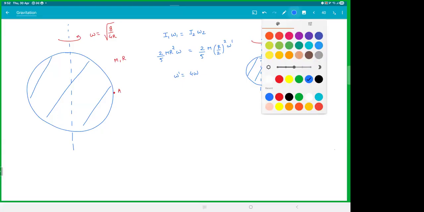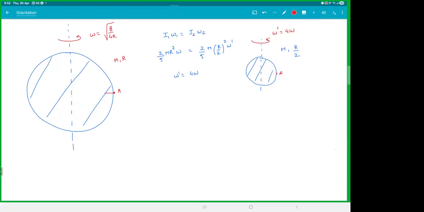Great. Second thing. When you want to find the g apparent here, what was the gravity here? This guy is G M by r square. And the centrifugal force was m omega square r. So from here we get m g apparent was G M m by r square minus m omega square r.